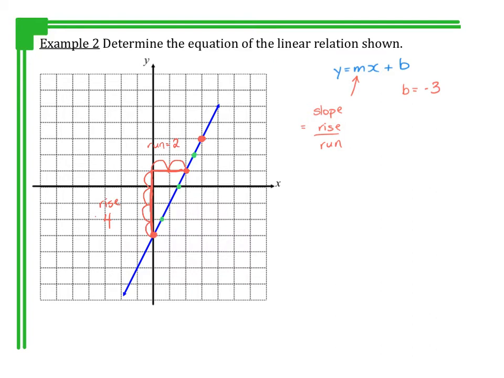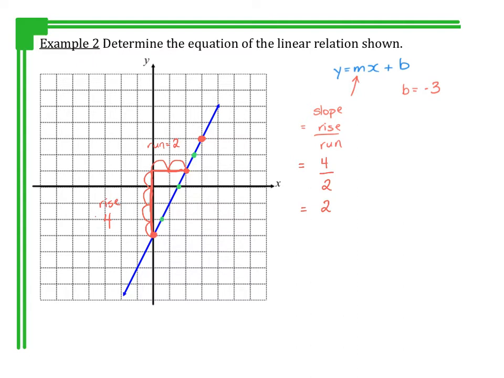Using my slope formula, that would give me a slope of 4 over 2. When I divide 4 by 2, I don't get a decimal. I get 2. So the slope of this line is 2.